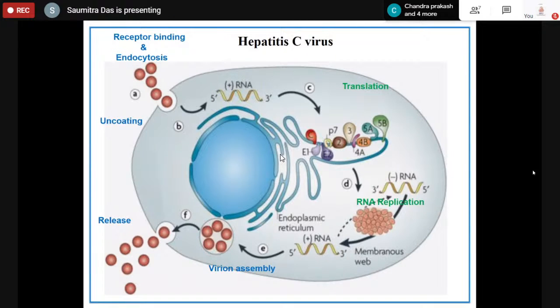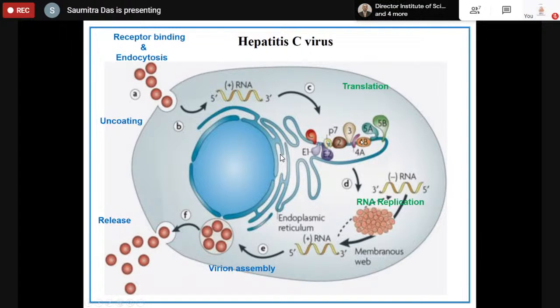Now I will talk a little bit about the science behind this, the biology of this virus, and how hepatitis C virus comfortably lives in the liver. That's why I said hepatitis C virus has its life in the liver. It's an RNA virus. This RNA virus goes inside the liver cells and uncoats. The viral RNA translates and gives rise to viral proteins.